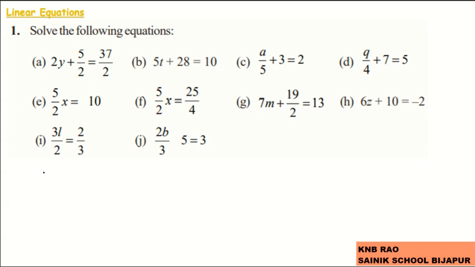In the case of these, I will solve a few of them, like A: 2y plus 5 by 2 equals 37 by 2.